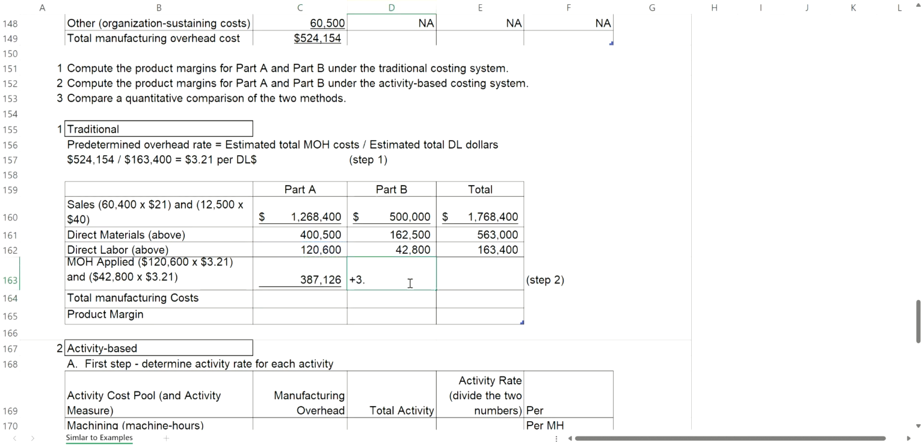For product B, it's still $3.21, and the direct labor dollars for product B is 42,800. Okay, I will add that together, and that does allocate the entire overhead of 524,154.